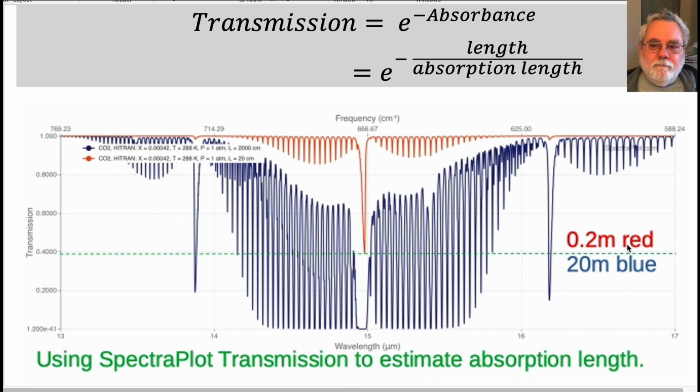I used a fixed length of 0.2 meters for the red curve and 20 meters for the blue curve. So transmission for the blue curve is much less than for the red curve.